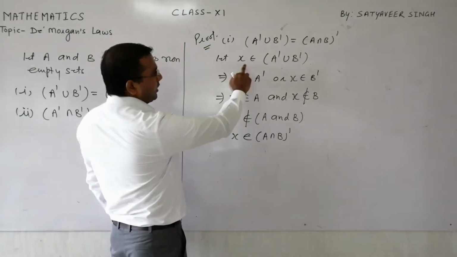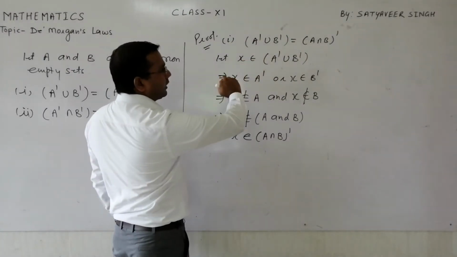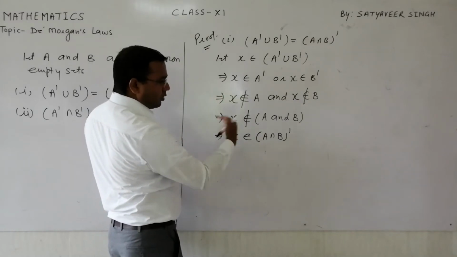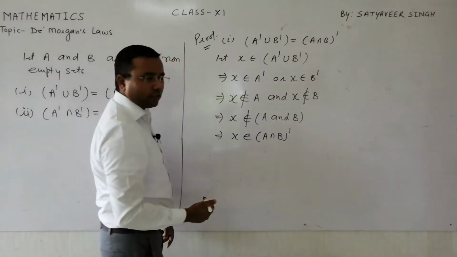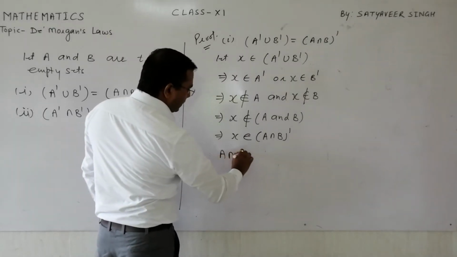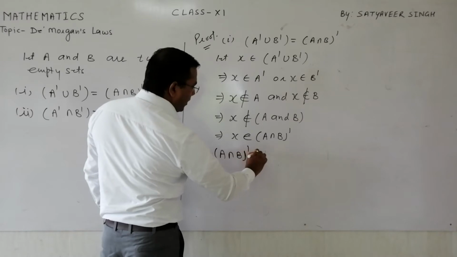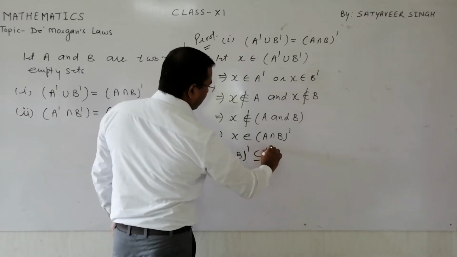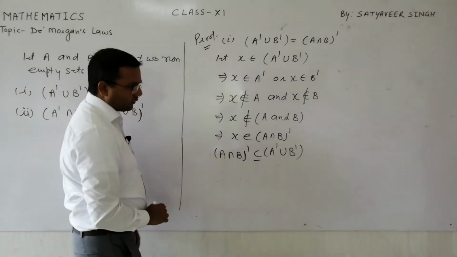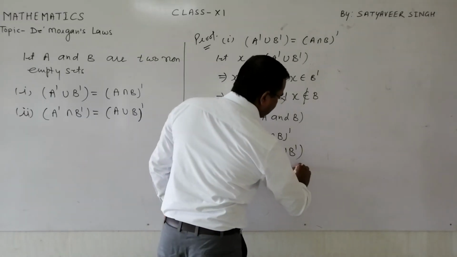So we have taken one element from the left hand side, and we have proved x also belongs to the right hand side part. So that means we can say A intersection B complement is a subset of A complement union B complement. This we can say first.